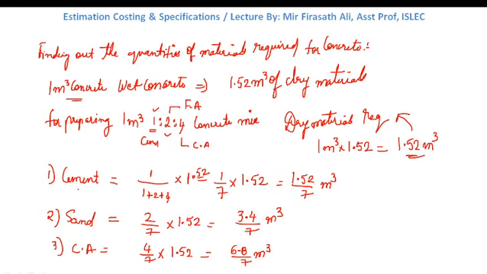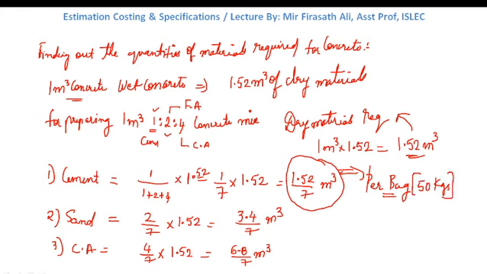When we talk about the cement, this quantity of cement has to be converted to the volume per bag. The weight of one bag is 50 kgs.